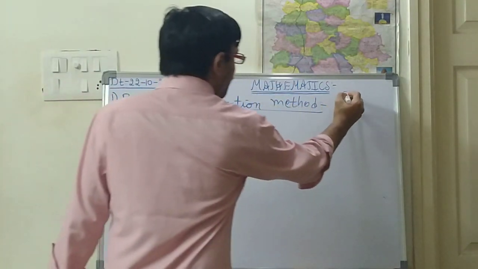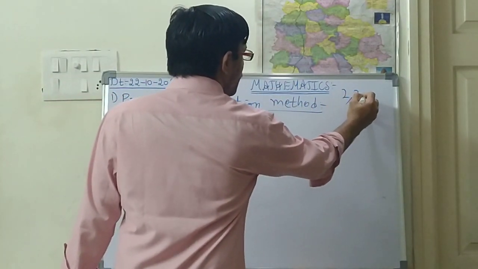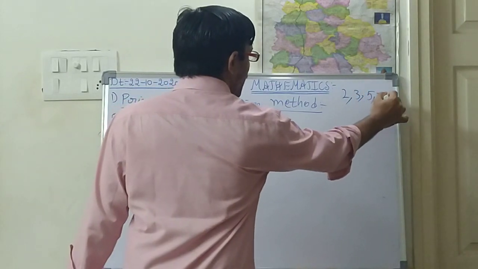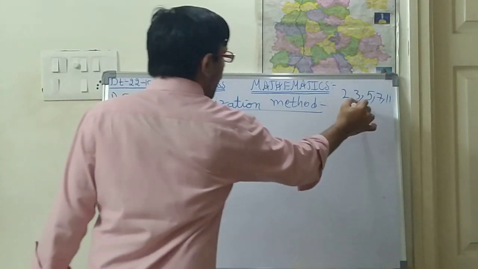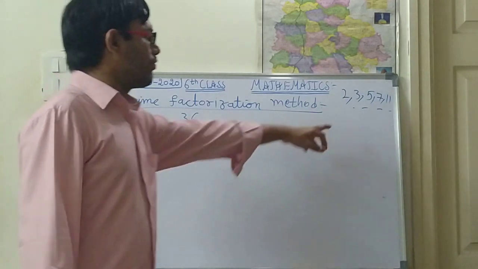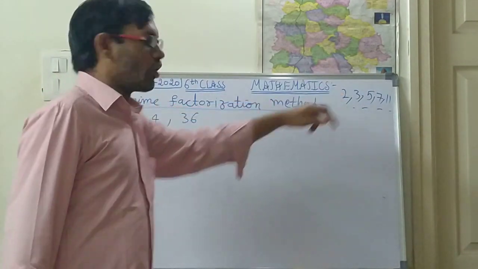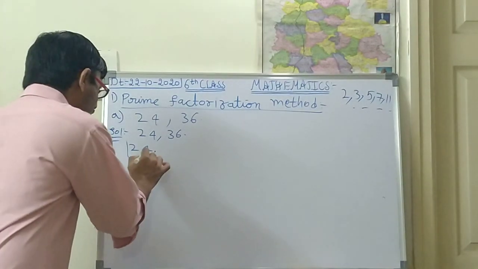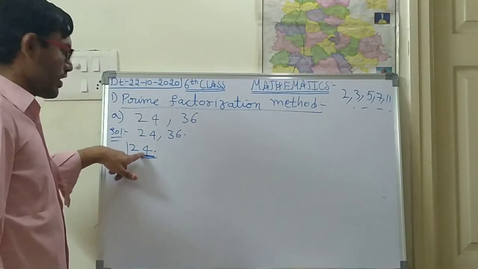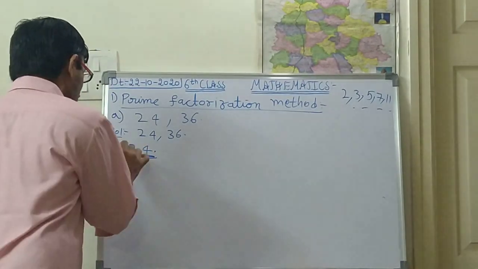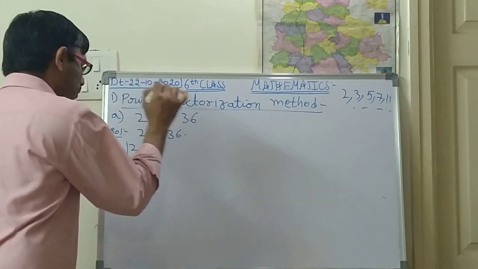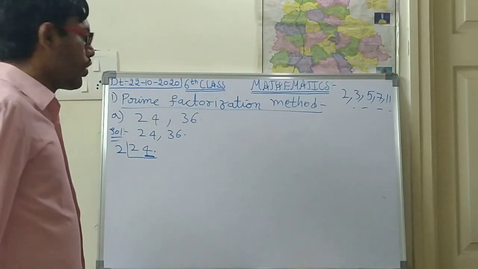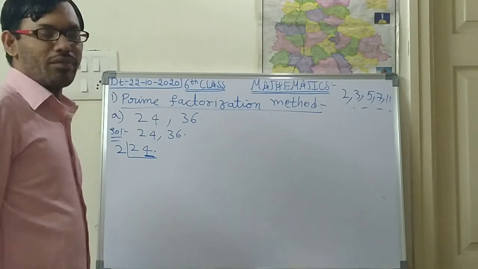What is the prime number series? 2, 3, 5, 7, 11, and so on will be there. So we should take first with 2 only, because this number is divisible by 2, because see the ones place digit is 4. So that means this is divisible by 2, so we can take with 2. 2 is the first even prime number.